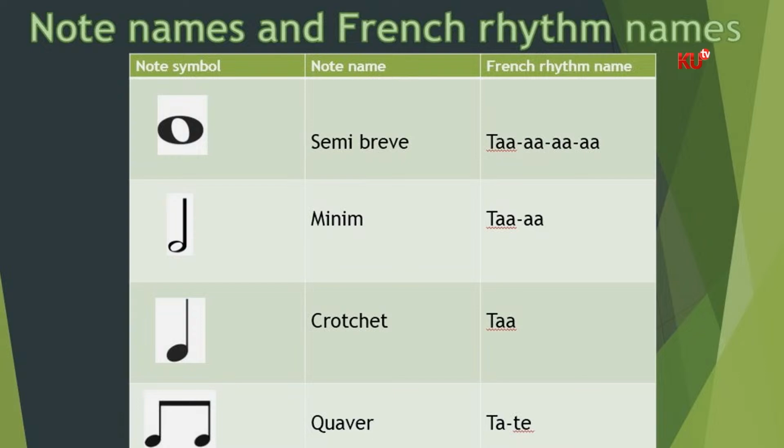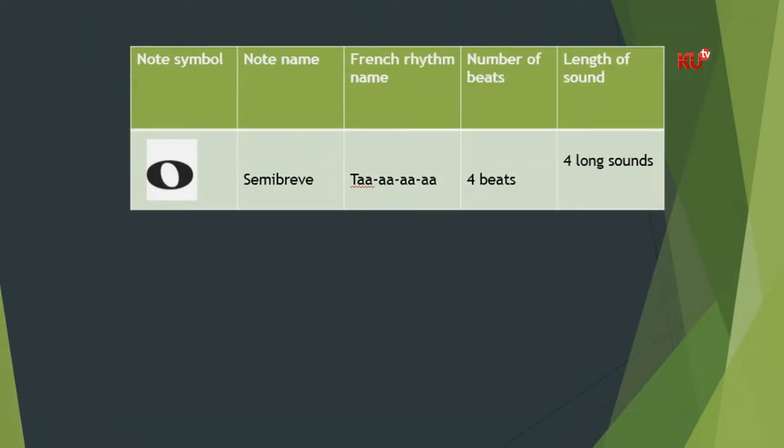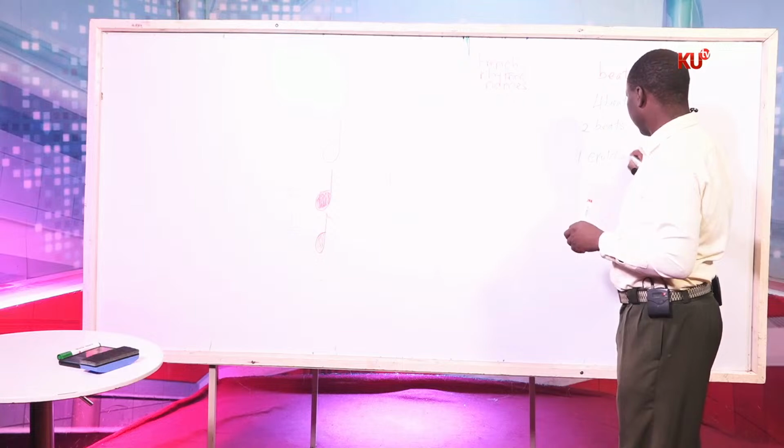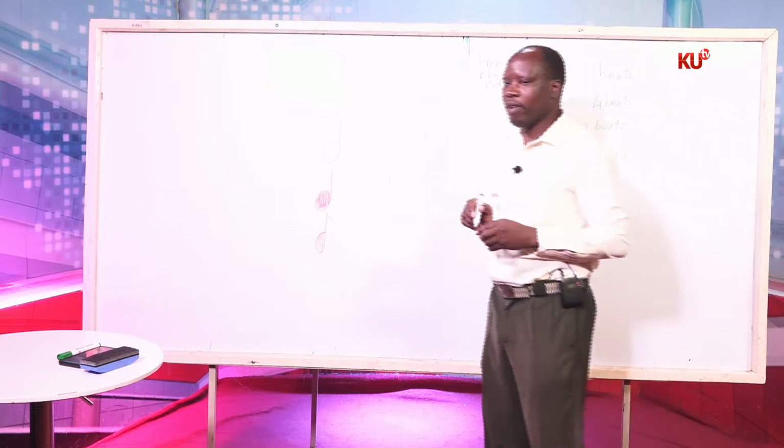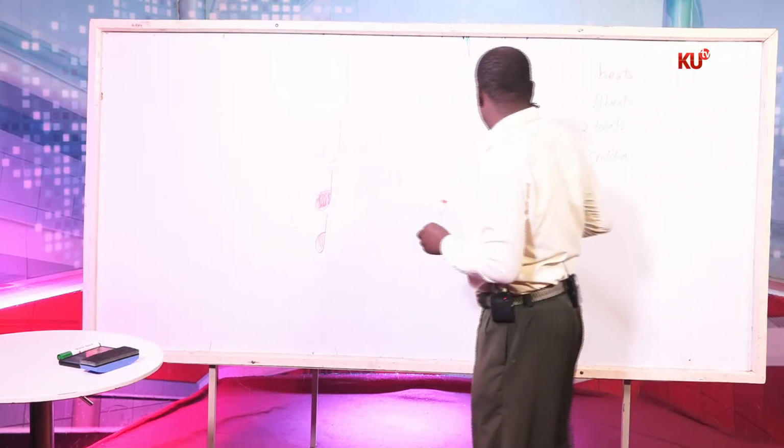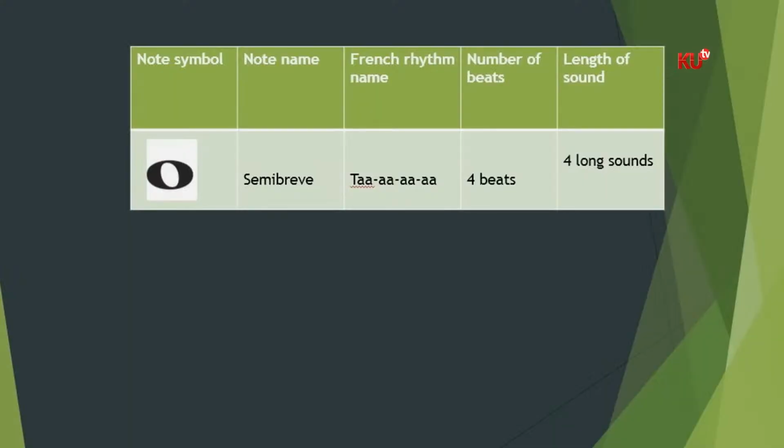So when I come here for the number of beats, the next slide please. This one has 4 beats. This one has 2 beats. That is the minim. Then crotchet is equivalent to 1 beat. And then quaver has half a beat.